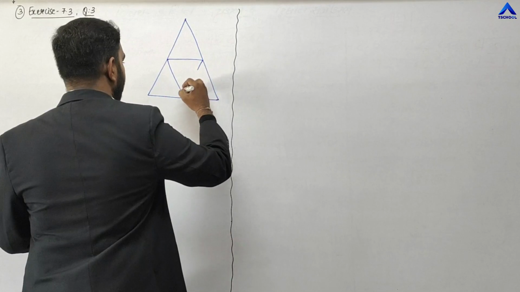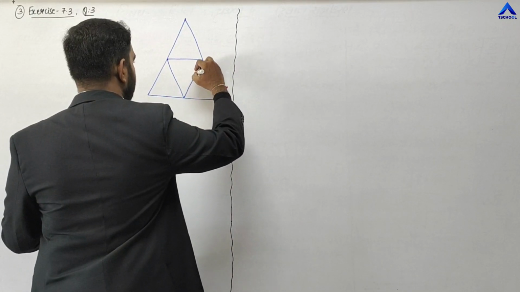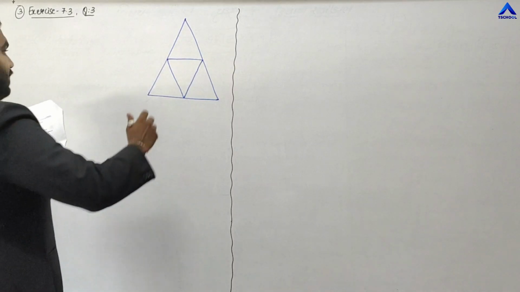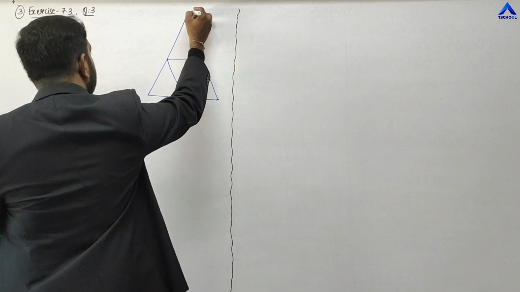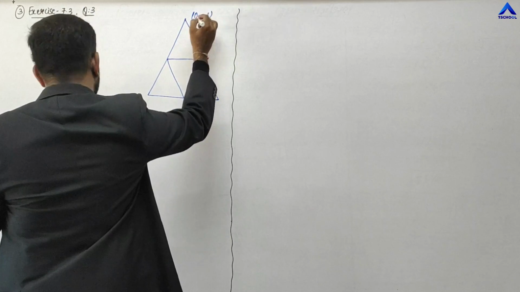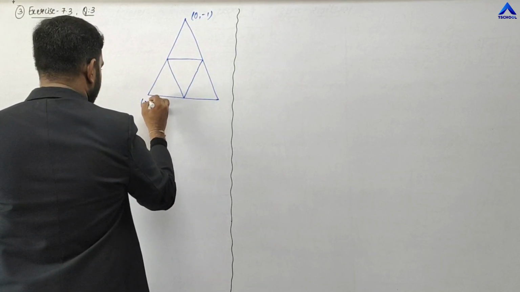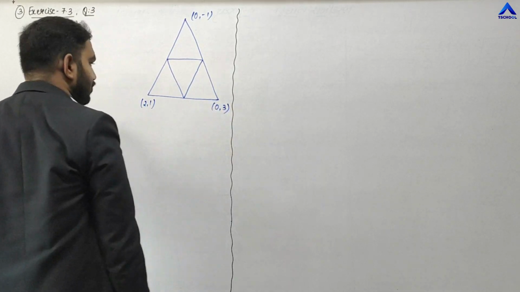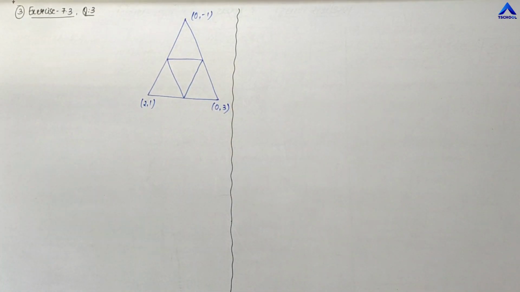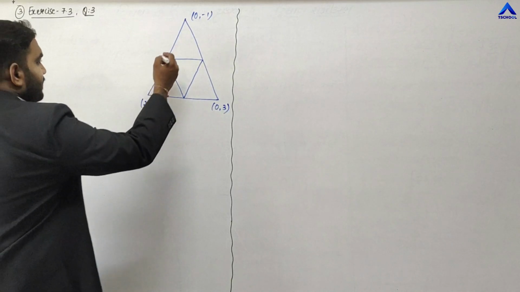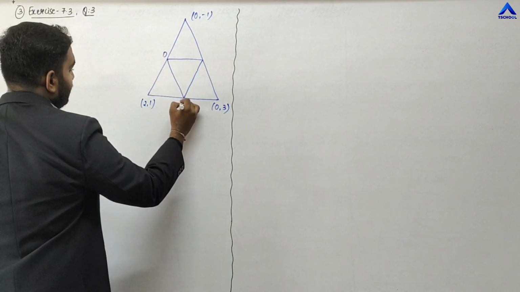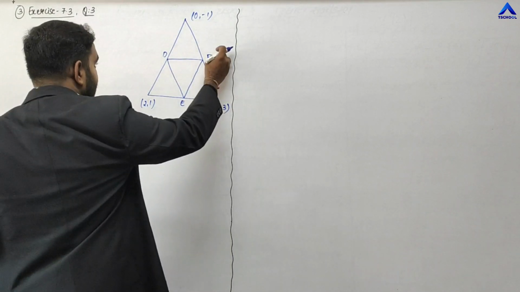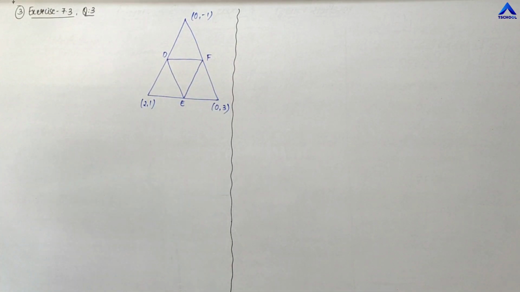So joining the midpoints will give me this smaller triangle, the bigger triangle having coordinates 0, -1, that is 2, 1 and 0, 3. And friends, let the midpoints be D, E and F.